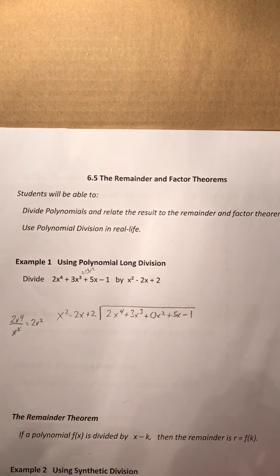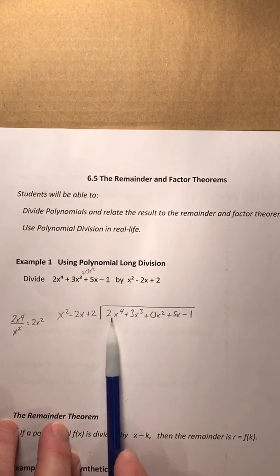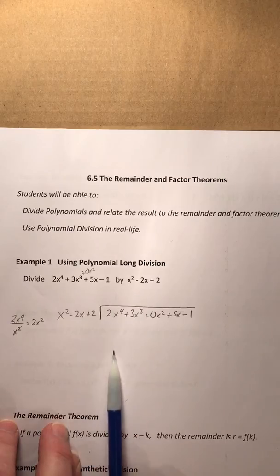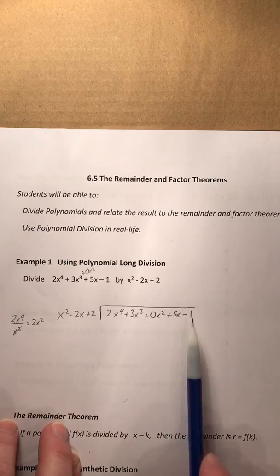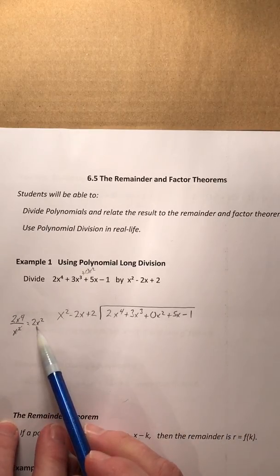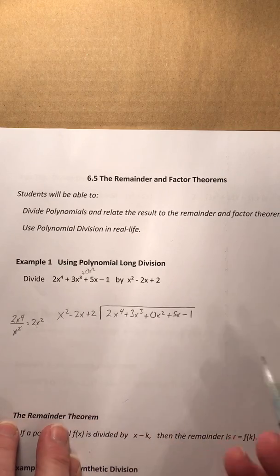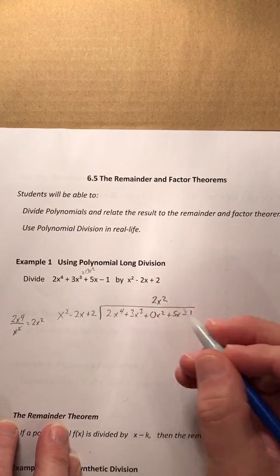One of the things you have to know about polynomial long division is that these are all columns. Only x to the fourth terms can go here, only x to the thirds, only x squared, only x's, and only constants. Since we got 2x squared, that has to go in our x squared column, right above the 0x squared. So we put 2x squared there.